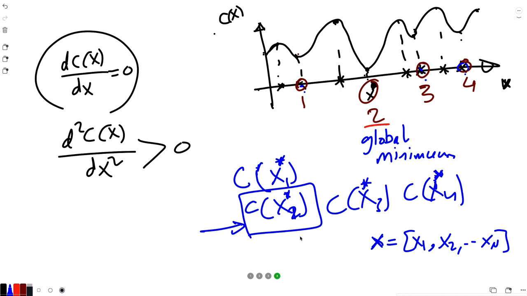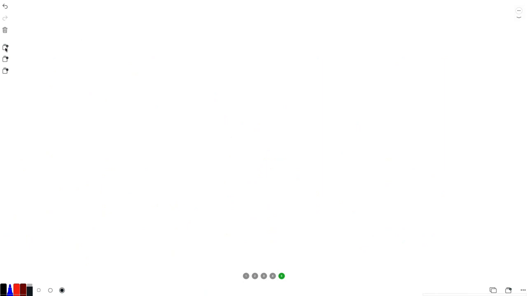Okay. From this point we can define one interesting property of some objective functions, called convexity. What is the meaning of a convex optimization problem? The convex optimization problem is the problem which has only one global minimum, at least within the range that we are searching.